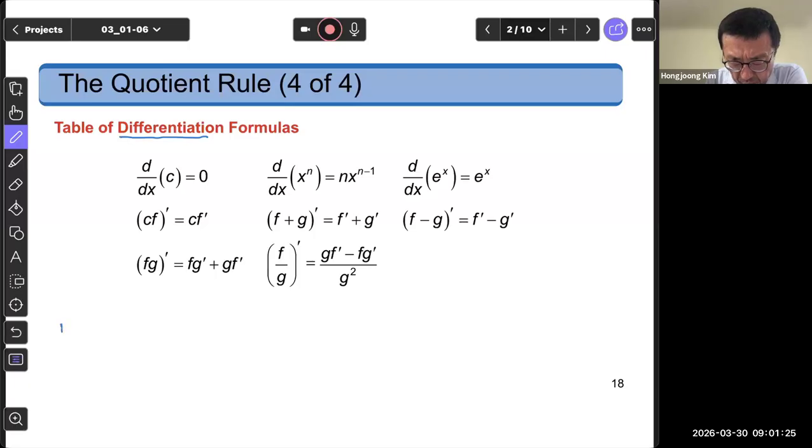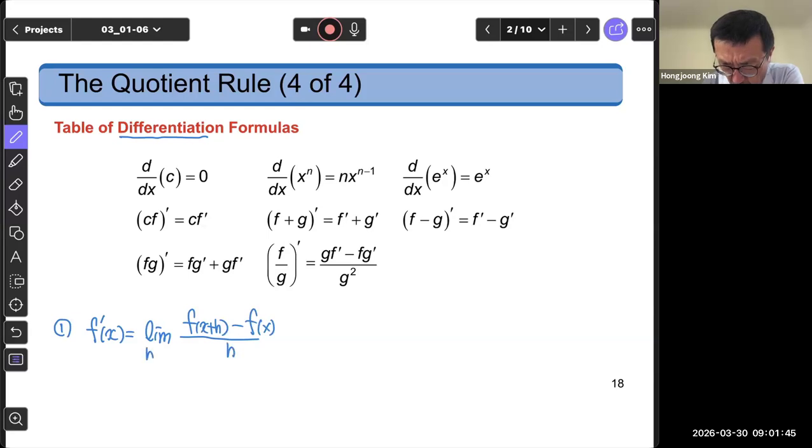Mathematically, f prime of x is defined by the limit of f of x plus h minus f of x over h, as h goes to 0. If that limit exists, then we call that limit f prime of x.